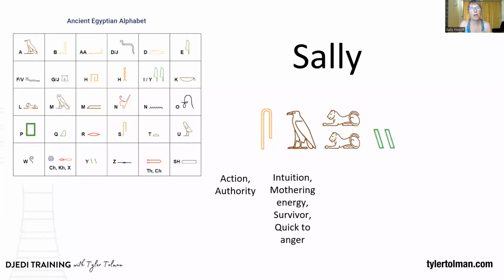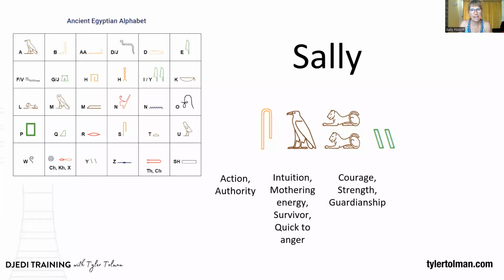I'm quick to anger. I do get triggered quite easily and I will go to anger. Just ask my husband and he will verify that for you. I use two L's in my name, even though my name isn't Sally. I could use one L because that's the sound Sally.